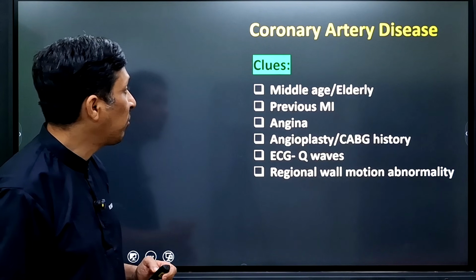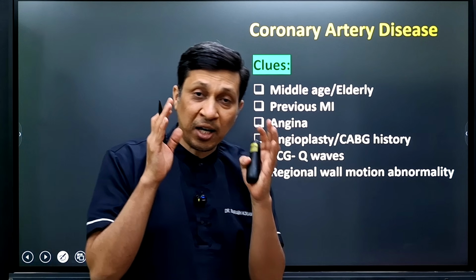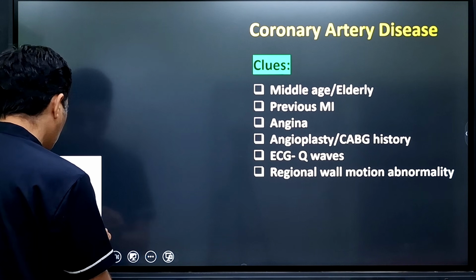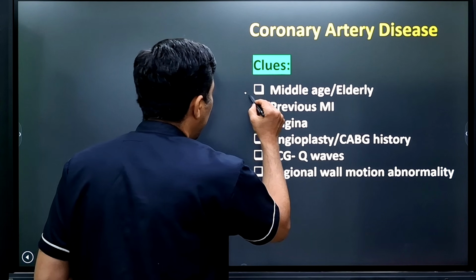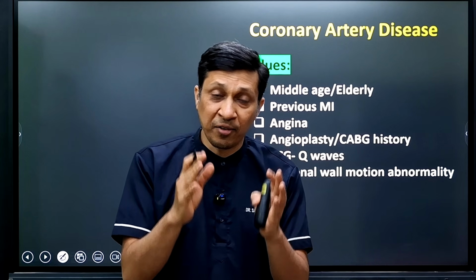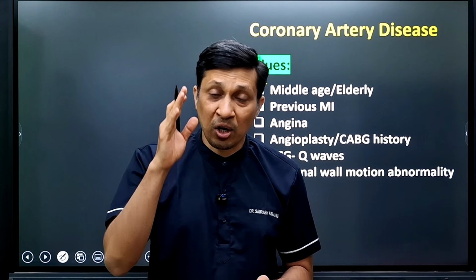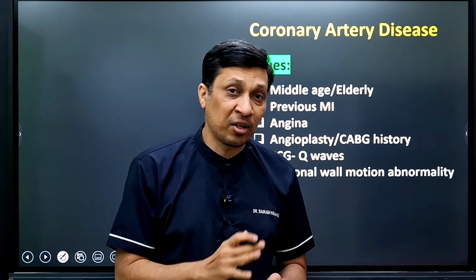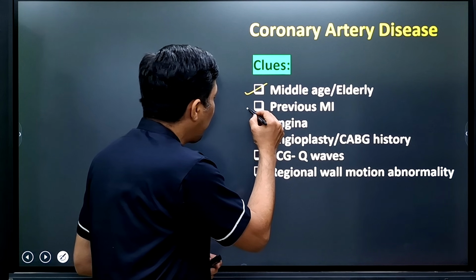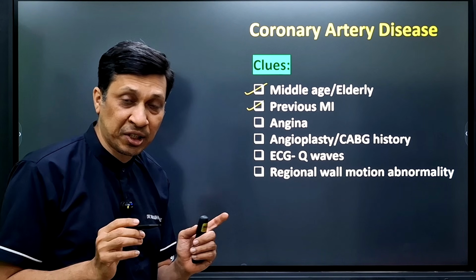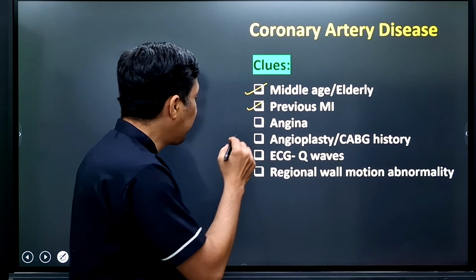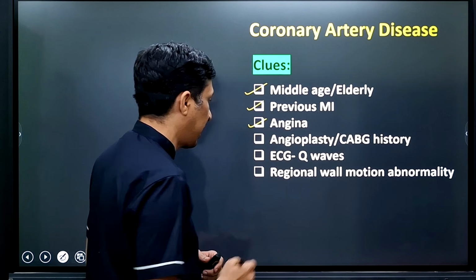Now, what are the important clues in heart failure due to coronary artery disease? The first clue is that the patient will be of middle age or elderly. So, any patient of heart failure who is middle age or elderly, you will first think of coronary artery disease. There will be history of previous myocardial infarction. If there is no history of previous MI, then there may be a history of angina.